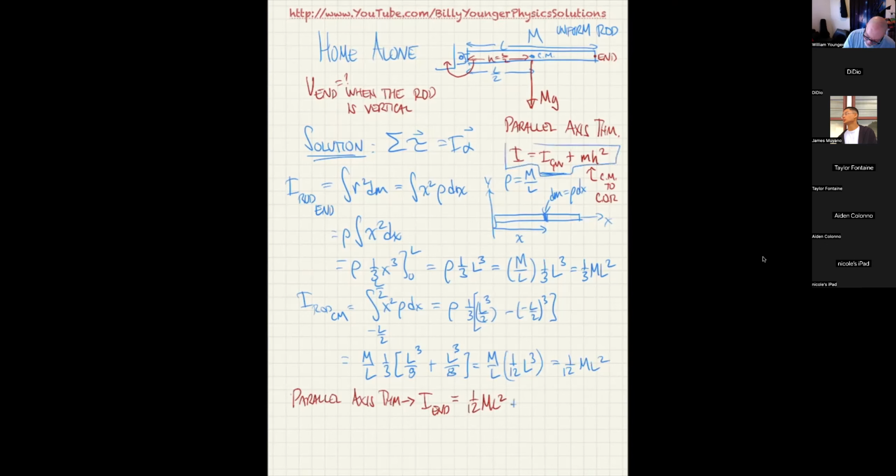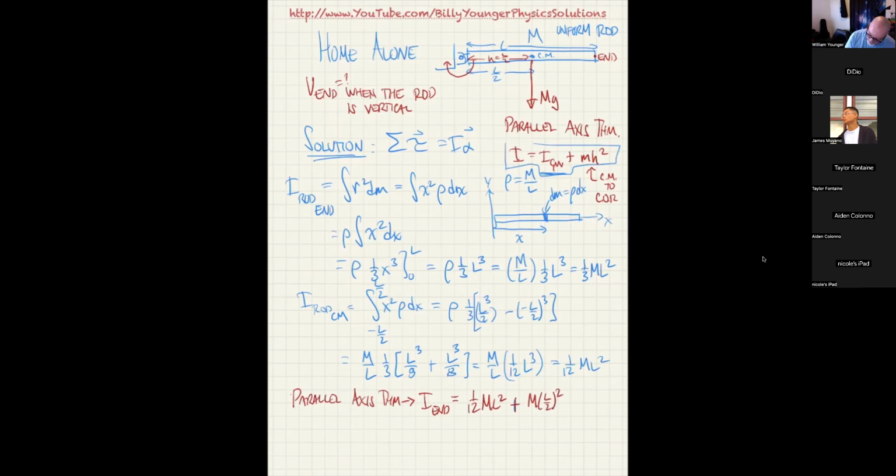And then plus m times the distance between it and that, which is L over 2. So that's L over 2 squared. I should have written that in red. Plus m times L over 2 squared.